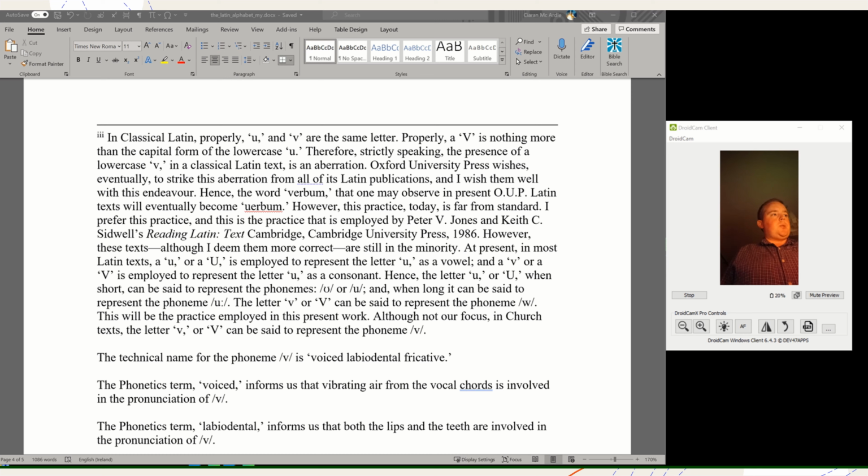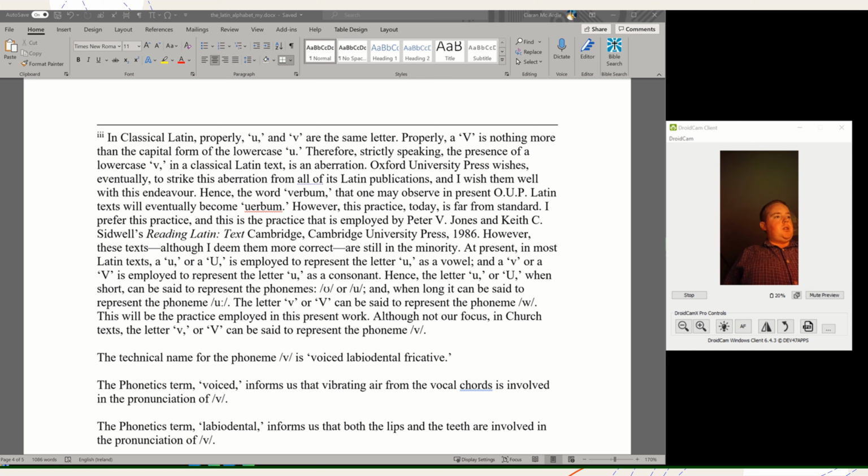At present, in most Latin texts, a U is employed to represent the letter U as a vowel, and a V is employed to represent the letter U as a consonant. Hence, the letter U, when short, can be said to represent the phoneme U, and when long, it can be said to represent the phoneme oo.